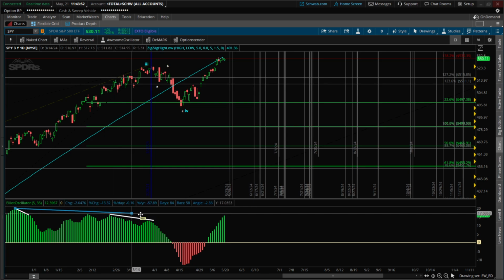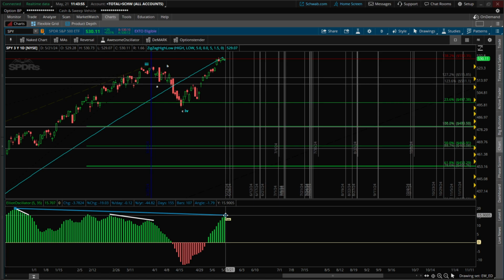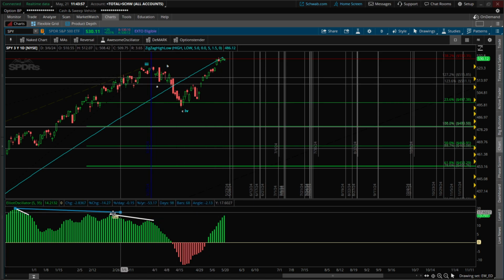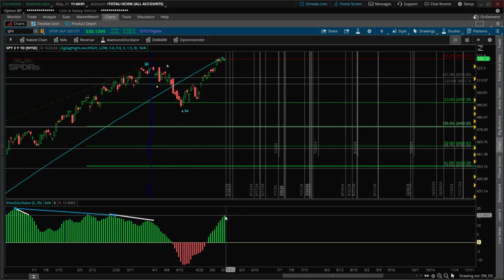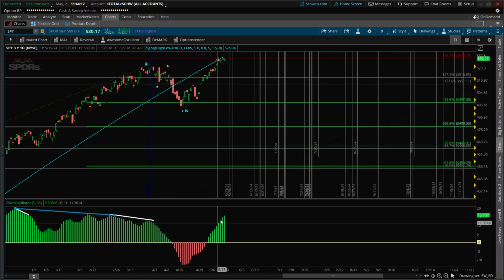But this is another cycle on the daily time frame. So yes, there's a divergence there, but we already had our correction. We're considering this a new cycle. And so we'll be looking for some divergences on the daily time frame before we even get worried about a correction, and we don't have that yet.